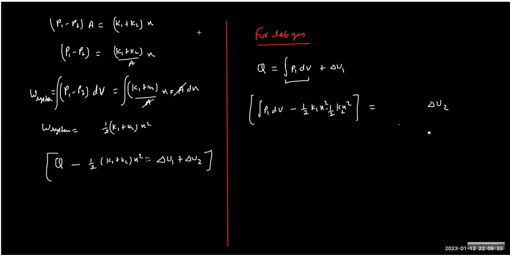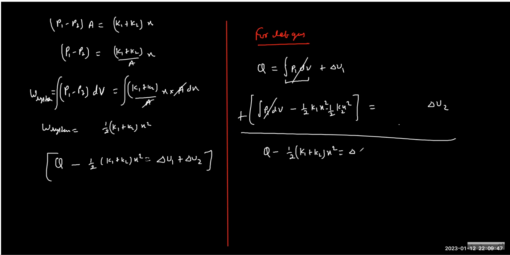And therefore, if I add these two equations, what are we going to get? This gets cancelled. Are we getting the same answer? So this is how we can do it, of course, one by one.